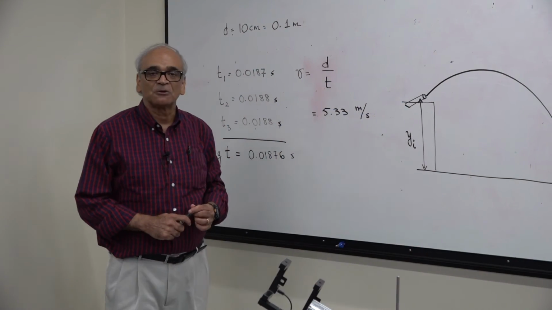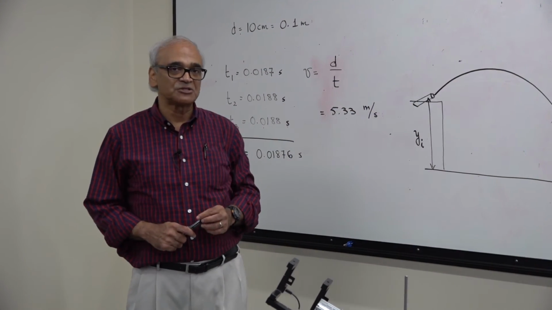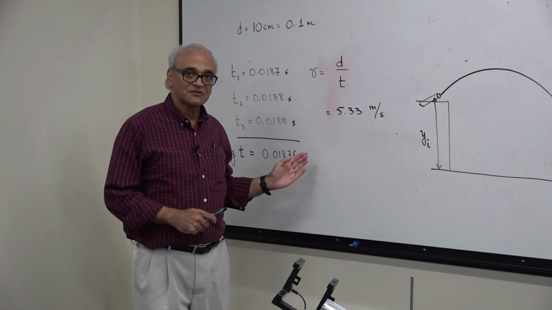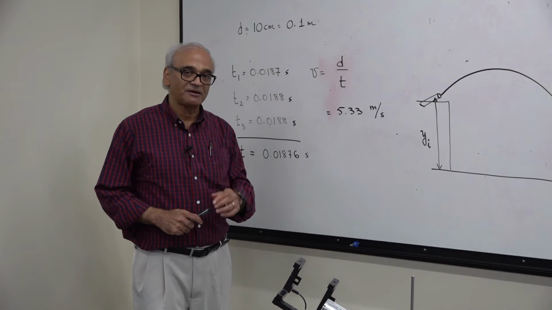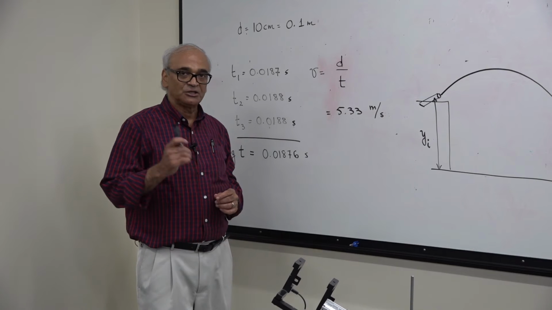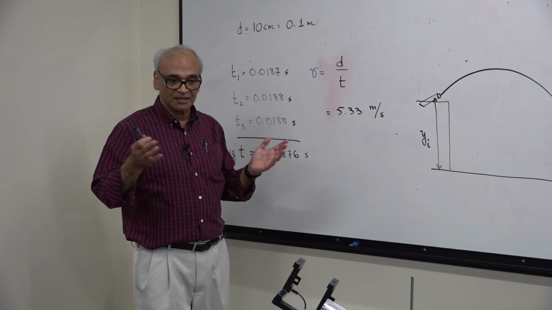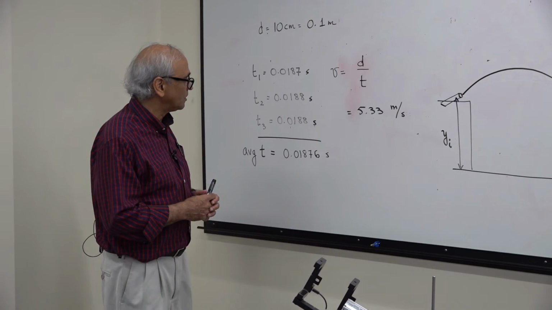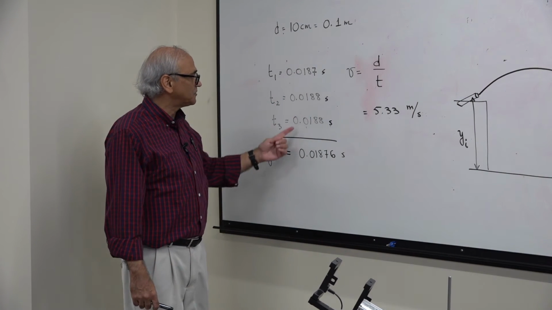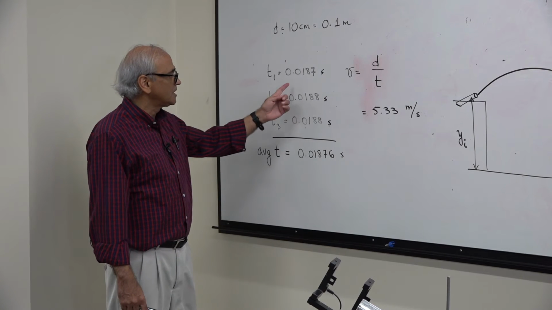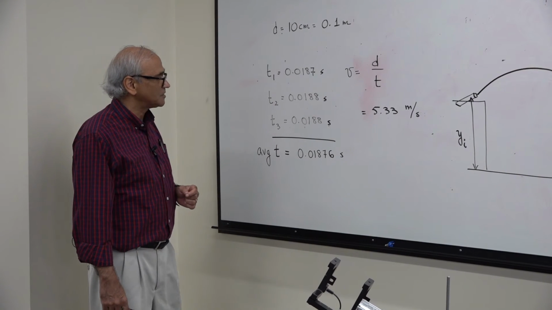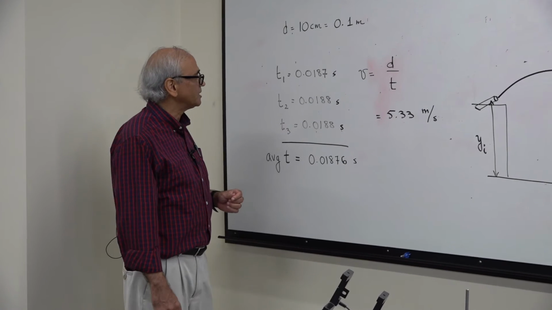All right, so in this section, we're going to calculate the velocity of the ball as you fire it from the cannon. We have seen how the photogate actually works. So here are the 3 numbers that we got from the photogate. And as you can see, the timing is really, really small, right?